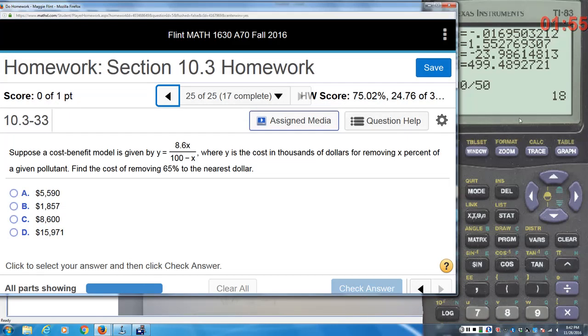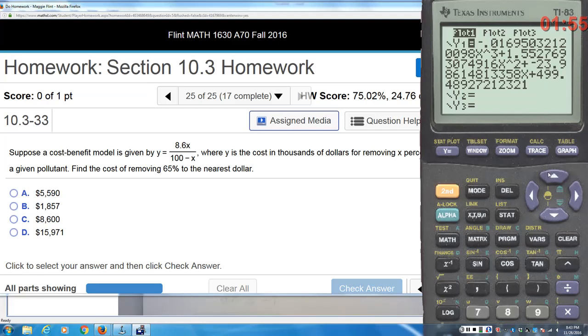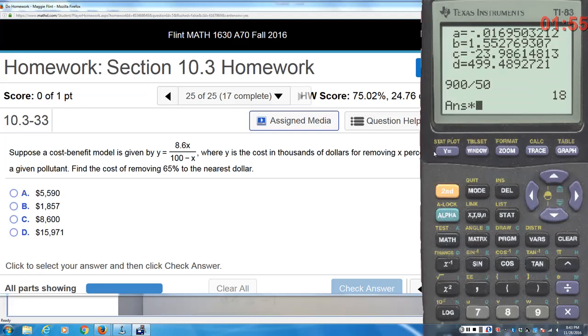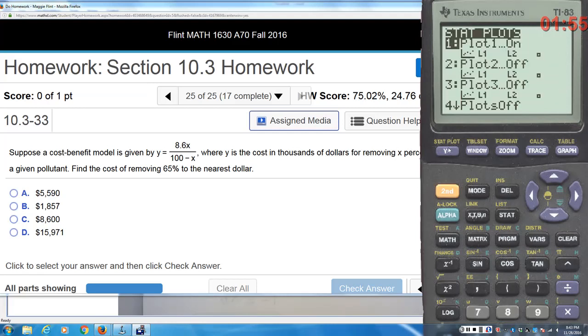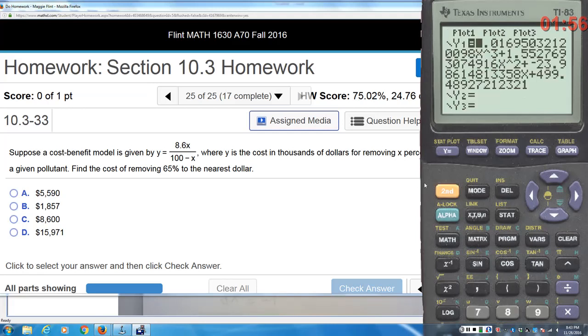This one you can do 2 or 3 different ways, but the easiest way honestly is by graphing. You can do it algebraically. I'll show you how to do it by graphing, and then I'll show you how to do it algebraically, and then I think we'll be close to needing to wrap up. So if you're going to do it by graphing, first you turn that plot off, moving it from on to off, and then go to y equals and clear out what we've already put in there.